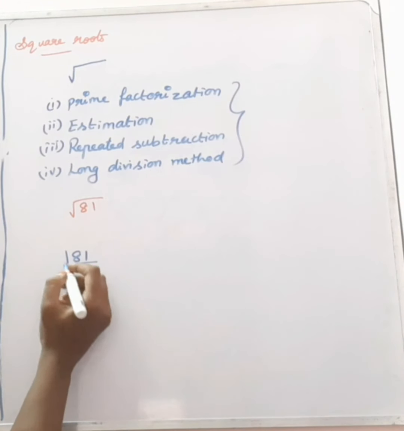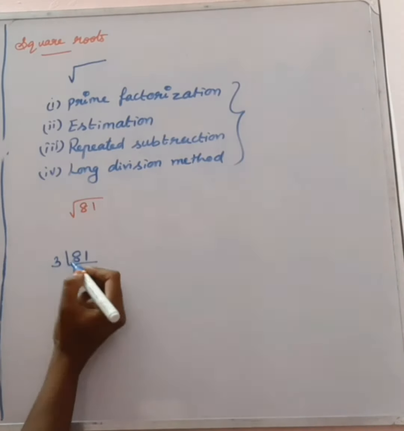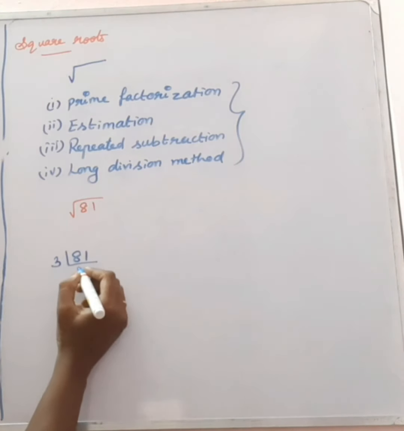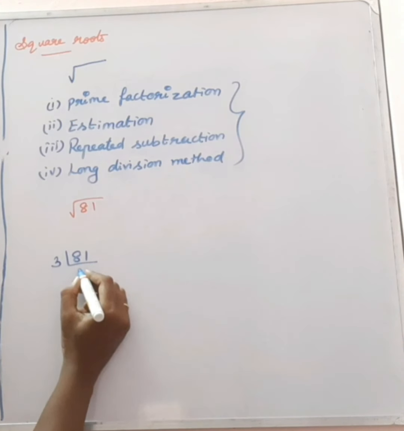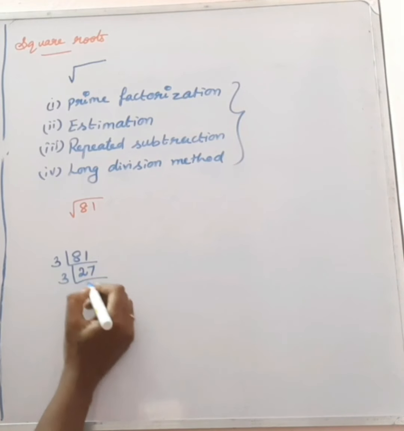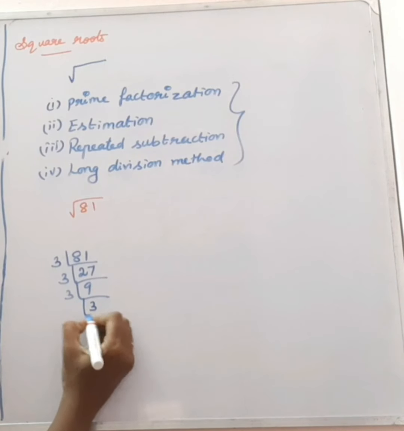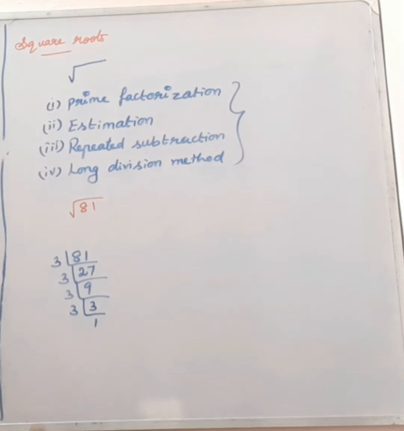In the 2 table it is possible or not? No. In the 3 table it is possible, right? So how many times? 27 times. Again 3 table, 9 times. Again 3 table, 3 times. Again 3 table, 1 time.